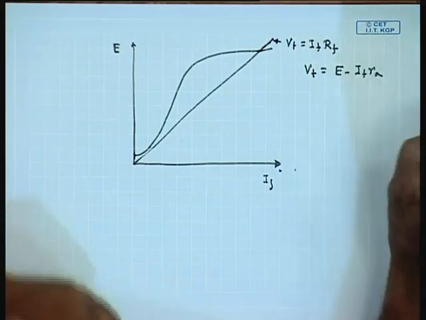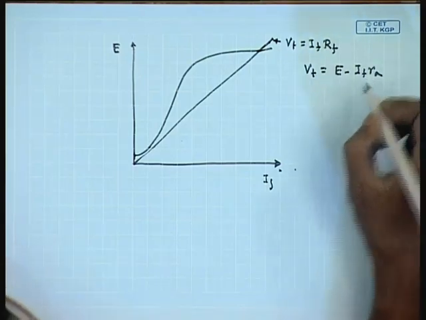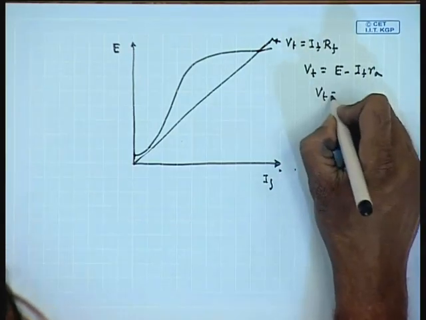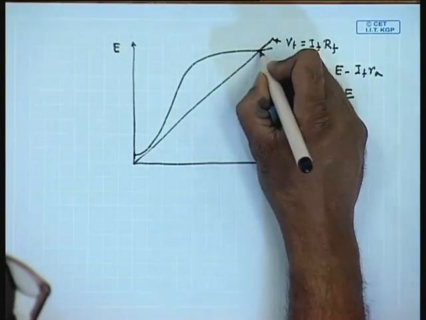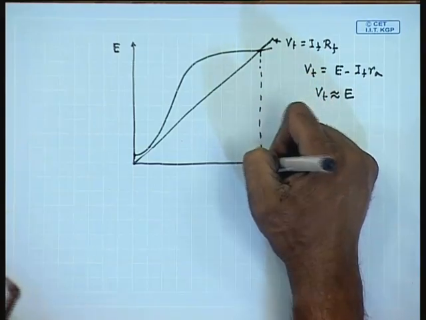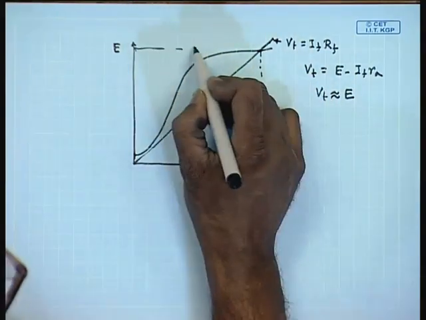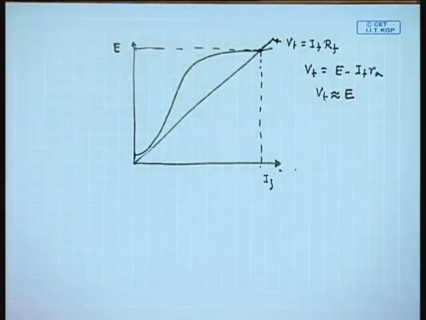If we neglect the drop due to the small field resistance, then Vt is approximately equal to E, that is the operating point at no load is determined by the intersection of the OCC with the field load line. So, this is the voltage at which the DC machine will excite to.